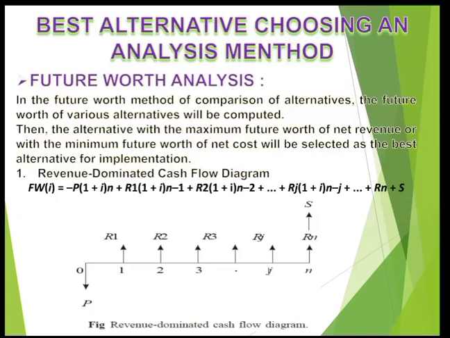The formula for the future worth of the above cash flow diagram for a given interest rate i is FW equals minus P(1+i)^N plus R1(1+i)^(N-1) plus R2(1+i)^(N-2) plus up to Rj(1+i)^(N-j) plus Rn plus capital S. In this formula, the expenditure is assigned a negative sign and the revenues are assigned a positive sign.